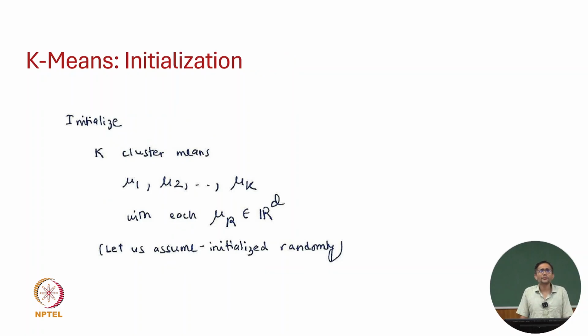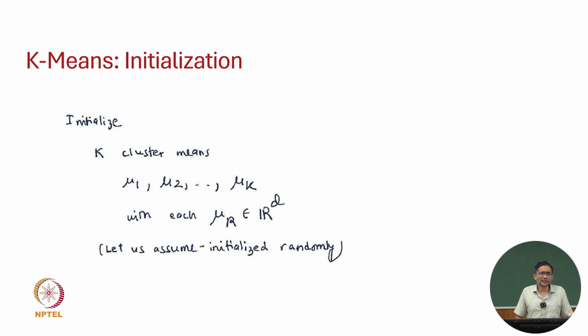So how will you proceed? The first step, as we already mentioned in our example of cricket, was to get a few captains, right? Similarly, we'll start with k cluster means here. Let's say they are mu1, mu2, up to mu k, and each of them is again drawn from R^d.